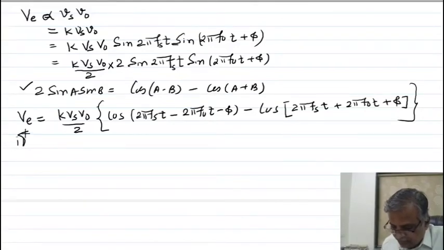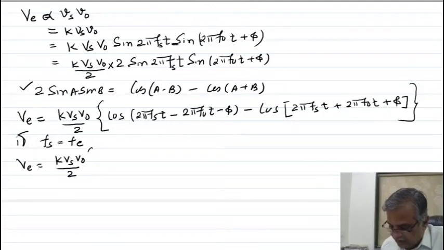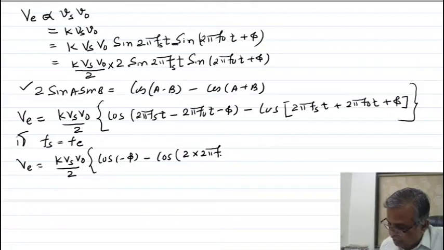If Fs and F0 are equal, then you can write the above equation as cos minus phi minus cos of (2 times 2 pi F0 or Fs t plus phi).